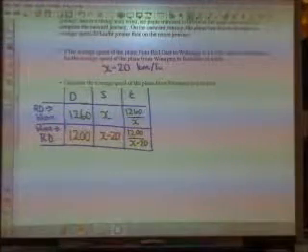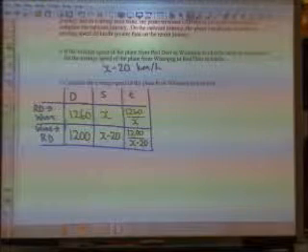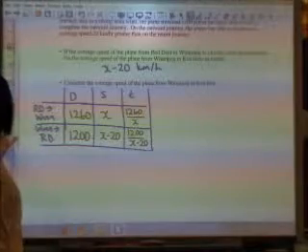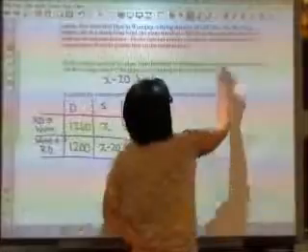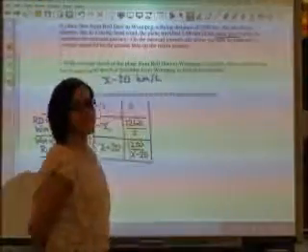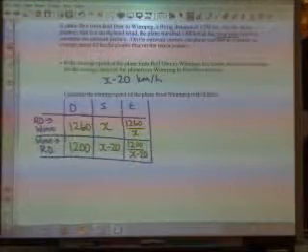And what am I given for a relationship in my time? So in the previous question, I was told that the total time equaled 2 hours. What am I told about the time in this question? It's the same.